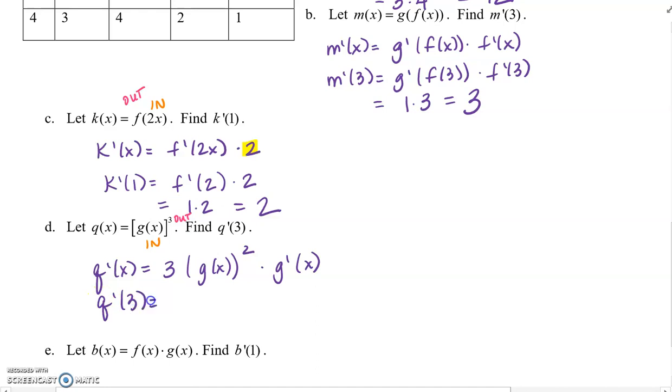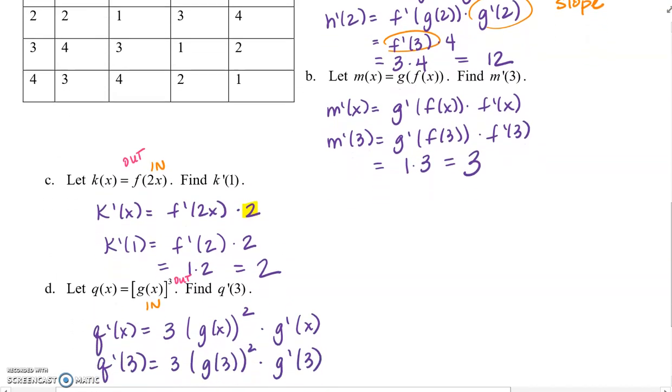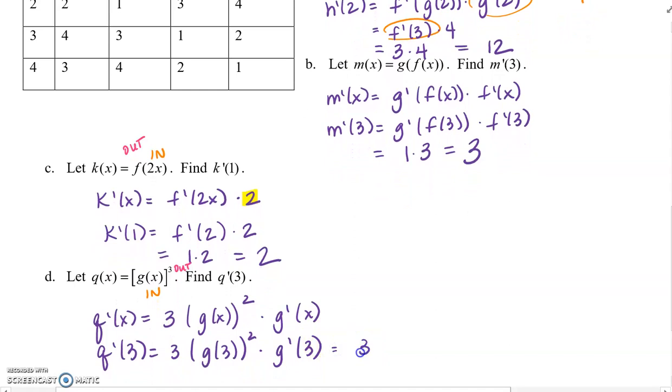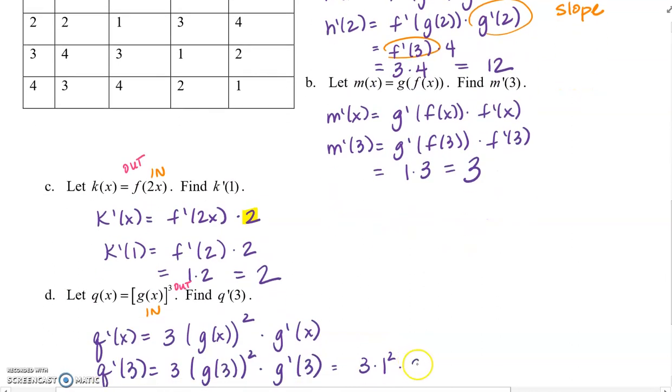Q prime of 3 is 3 times g of 3 squared times g prime of 3. So now we can plug in these numbers. G of 3 is 1. G prime of 3 is 2. So our answer is 6.